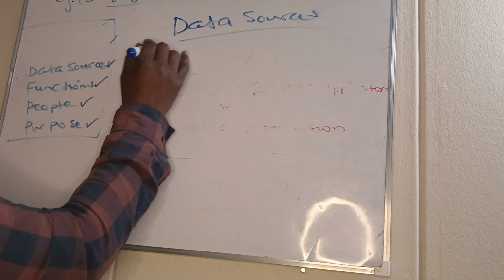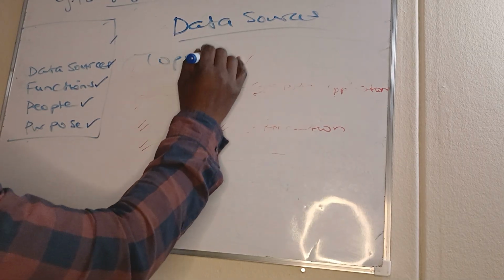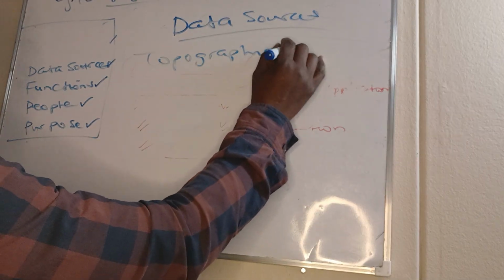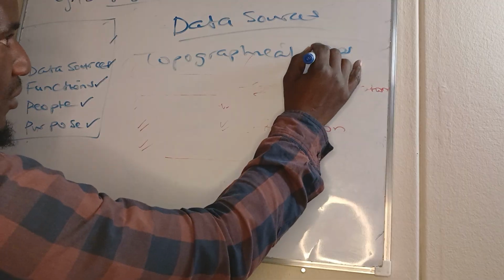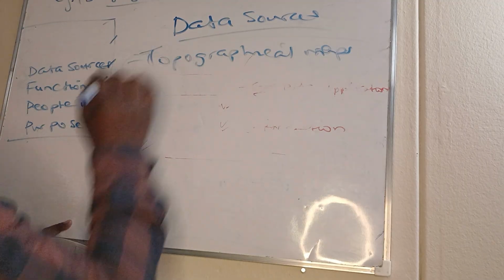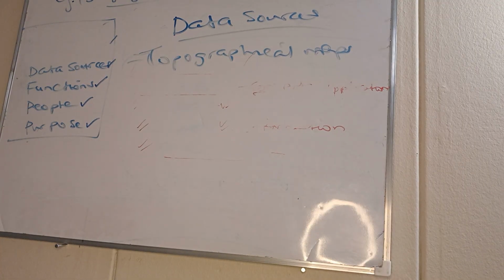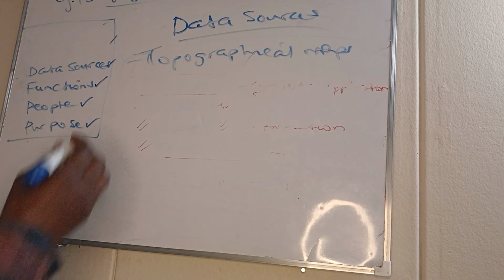We can get our information from a topographical map. It can also be a data source for GIS. We can also get our information from satellite images.